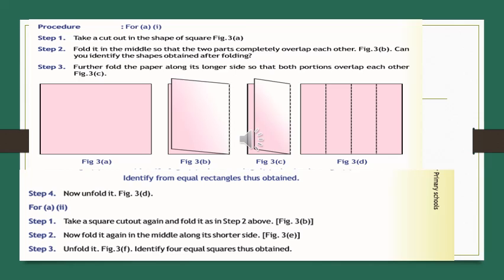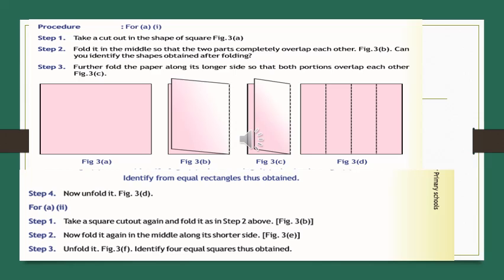And then after 3C, when you open that paper, you will see the 3 folded lines and the 4 equal rectangles. So in this way we can see that 4 equal rectangles are obtained.